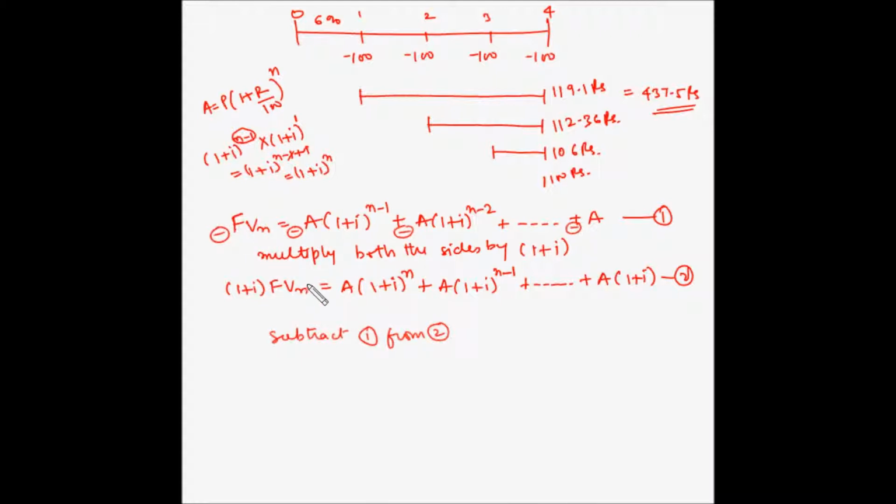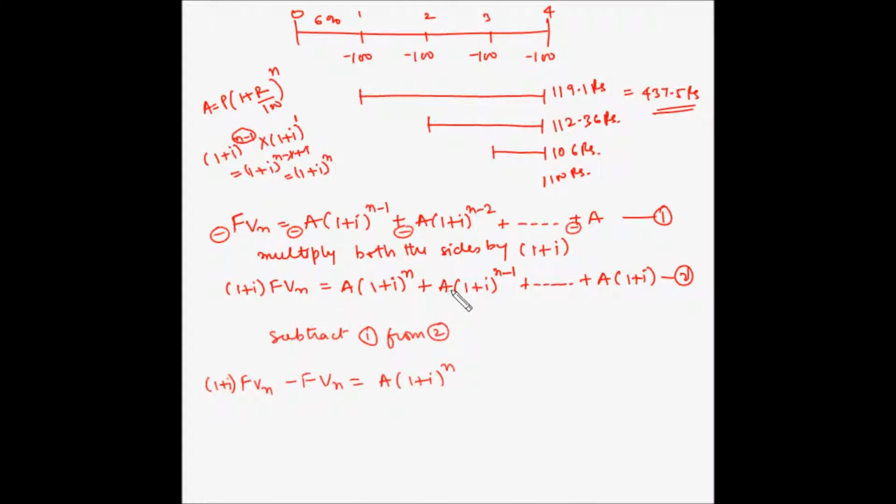Now the left hand side will become FVN into 1 plus I minus FVN. So FVN 1 plus I minus FVN is equal to, now a into 1 plus I to the power n will remain as it is, because this term is not in equation 1. So a into 1 plus I to the power n.